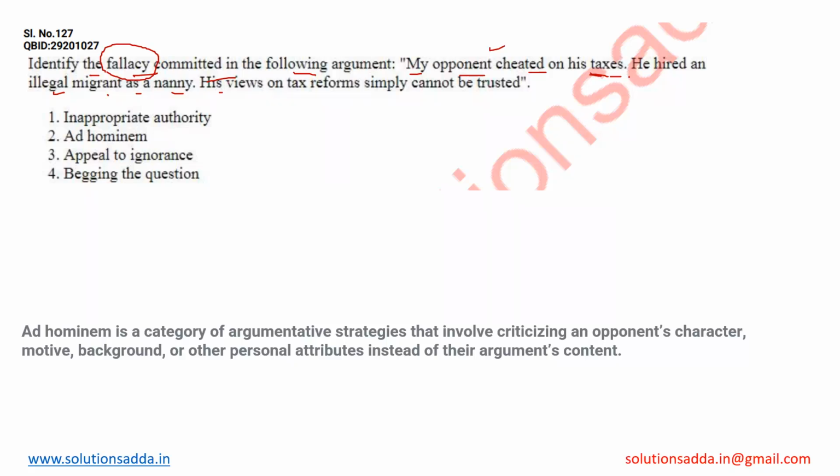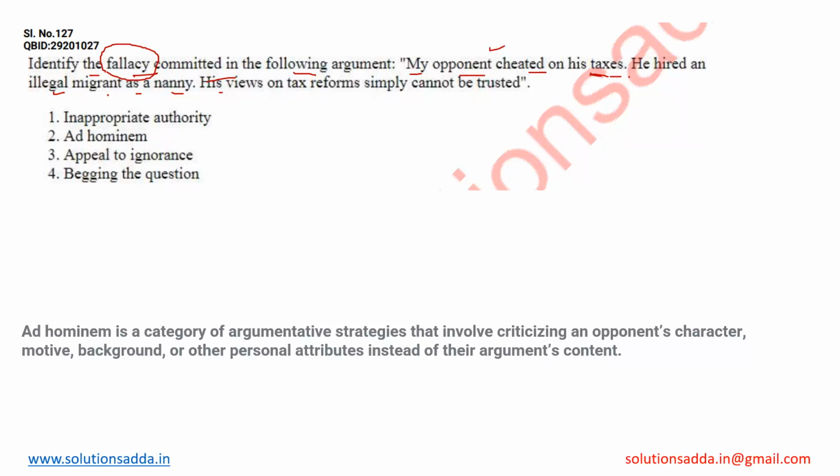You can say that my opponent cheated on his taxes, and then say the next thing related to this concept, like tax. In this way you can form a sentence linearly, but here he says something unrelated right after one sentence, in an argumentative form.